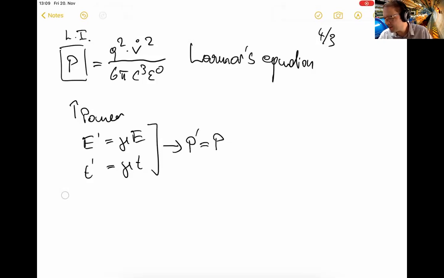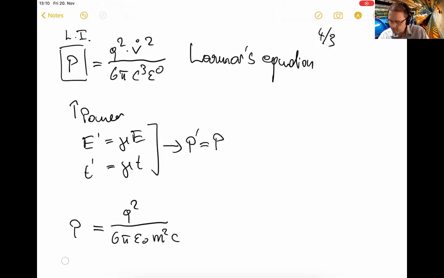So we don't use the acceleration, we should use the momentum. Let's write it in terms of momentum. This is q squared, we keep all the factors, 6 pi epsilon 0, I divide by the mass of the particle squared, I keep the c. And then this becomes the momentum differentiated with respect to the time, squared.